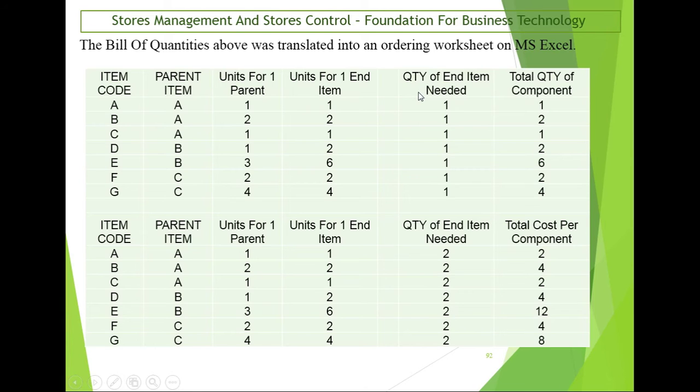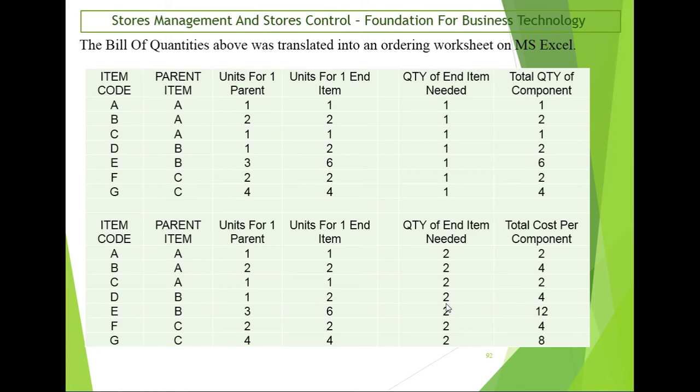If the client now says, I want one item, we now say these are the quantities of each material required to make one item. But if they say, I want two items, these will be the quantities of each raw material required. So it's simply a matter of multiplying the items required to make a parent and to make the end product. Then you multiply it by the quantity of the end product that you need.